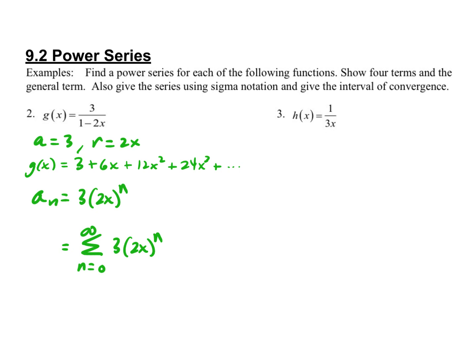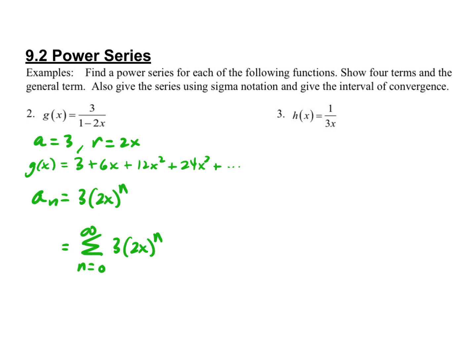And so what I've been able to do, here's what we've accomplished through this, right? We've taken this function and we've expressed it as a power series in sigma notation. That's what we've accomplished. Now, sometimes you're going to see it this way first, and they'll ask you to write it as a function. Okay?